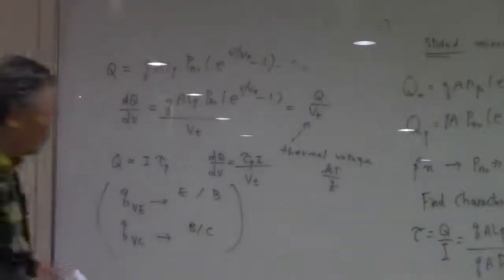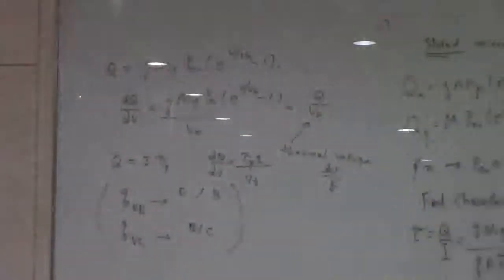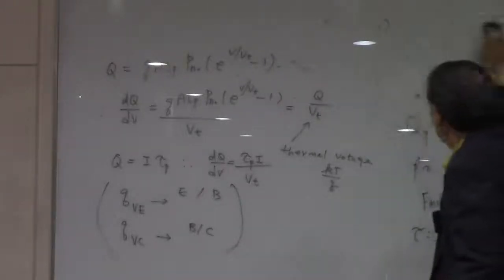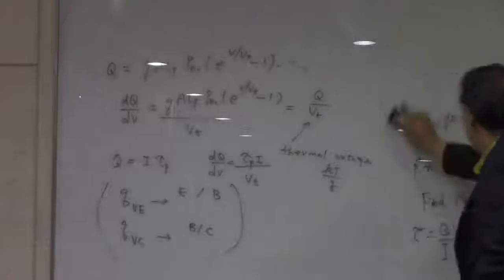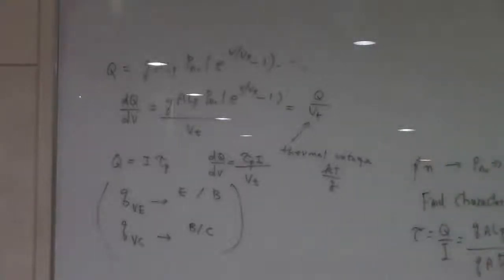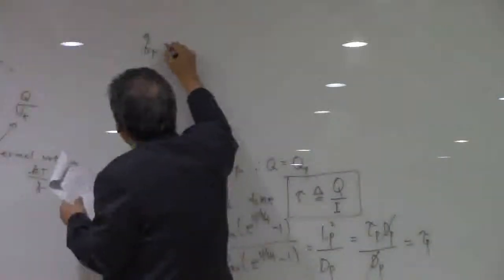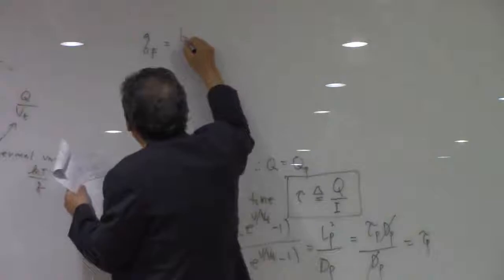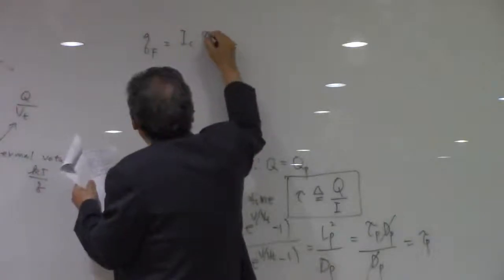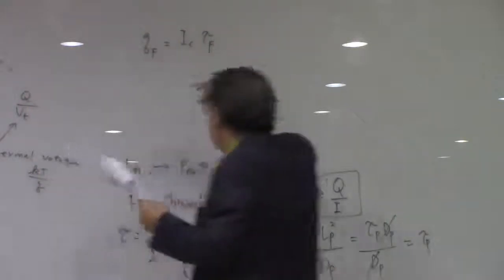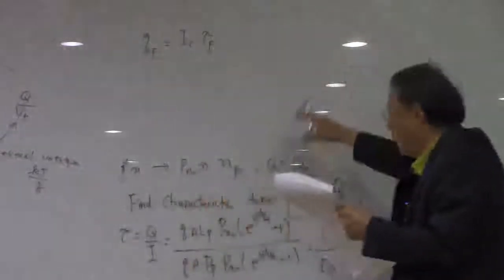Okay, this junction capacitance that we have talked about is based on the fact that the forward charge is related to tau F. We have a characteristic time, which we just defined right here.